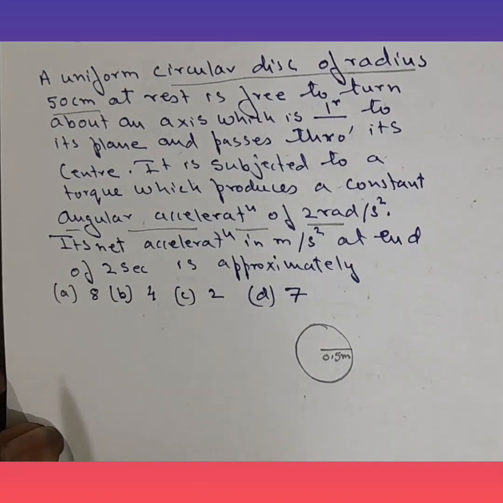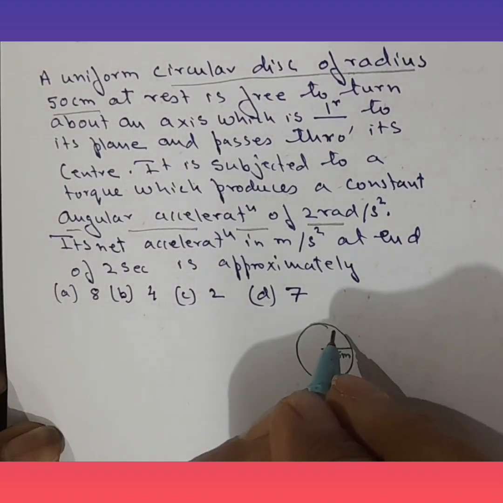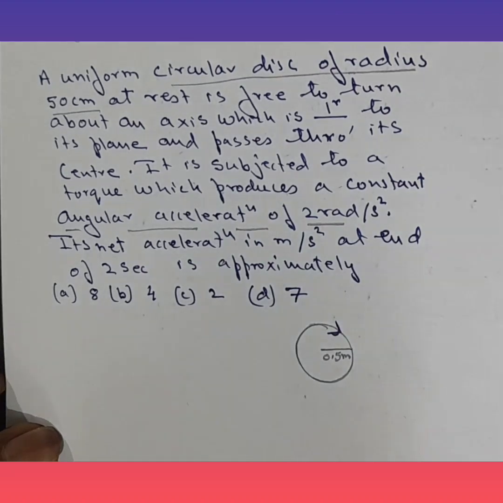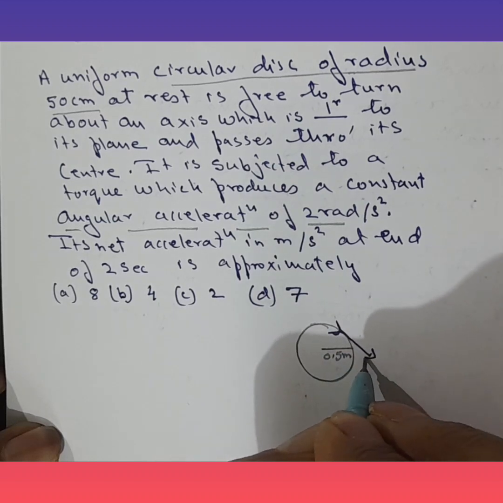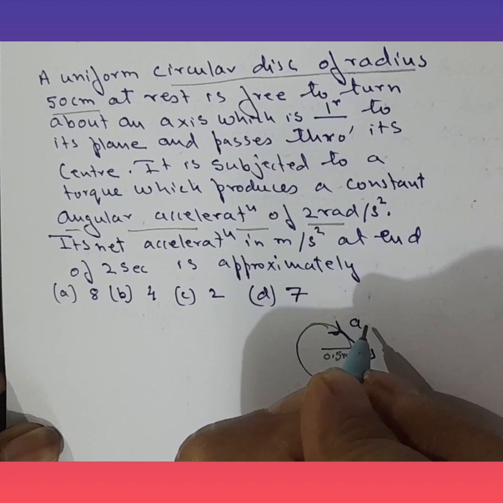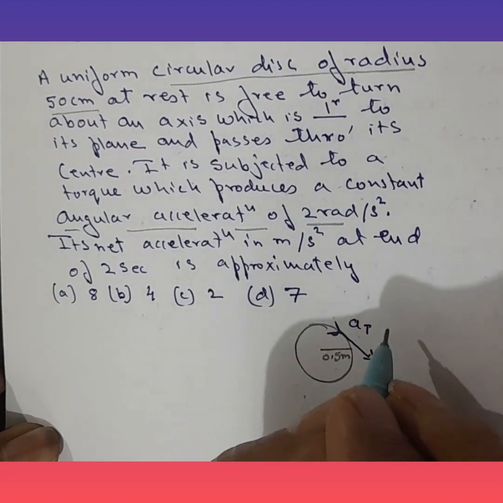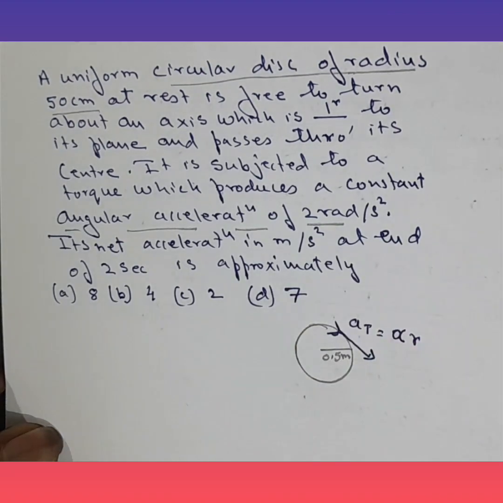Now first of all you should know that if the disk is moving this way, it would have one acceleration this way, which we would call tangential acceleration, and the formula for tangential acceleration would be alpha r, or r alpha.